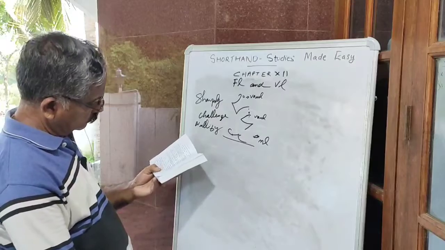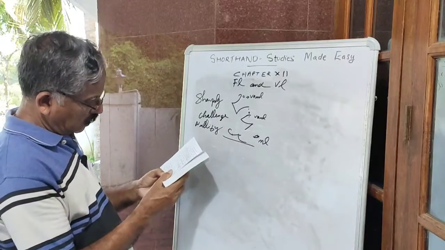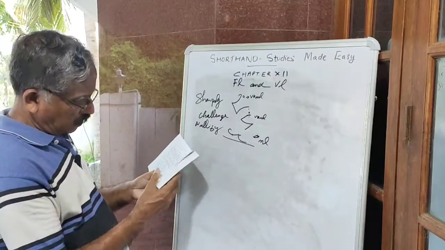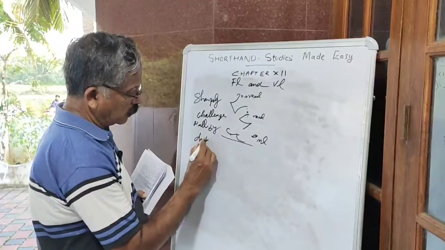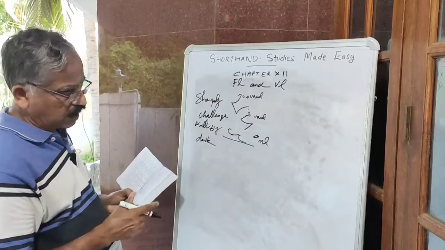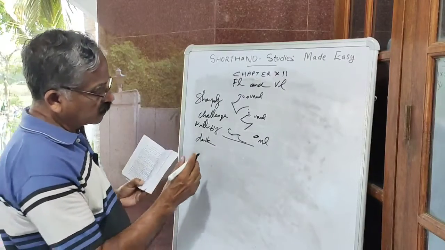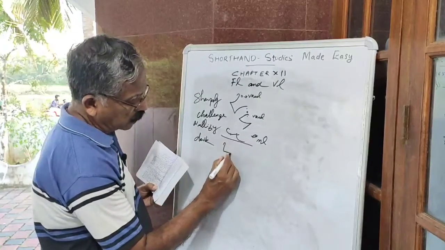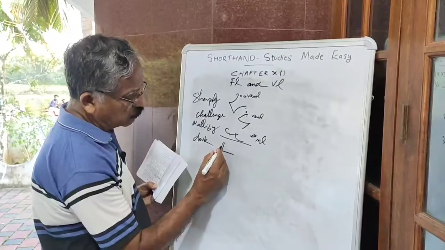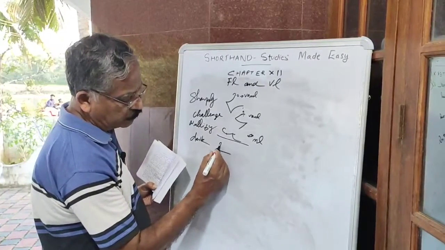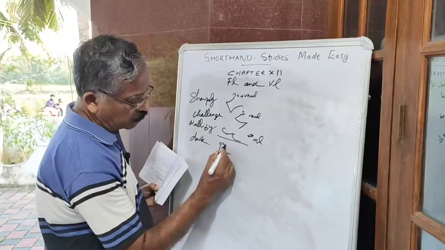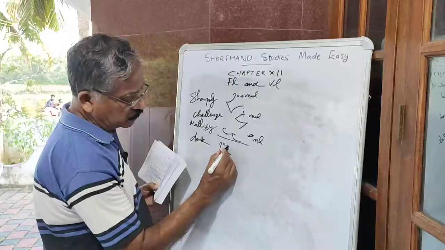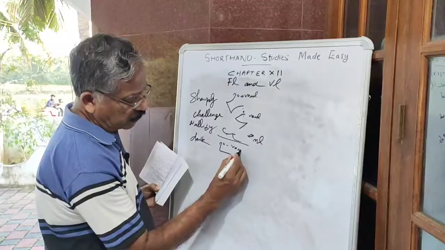Next is how to write dark. Suppose dark. Dark. The R sound is there after the stroke D to make dark. In between, to make the vowel between the stroke D and R, we write a small circle. This small circle represents a vowel.